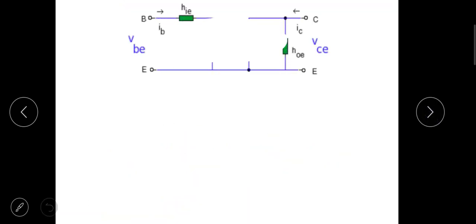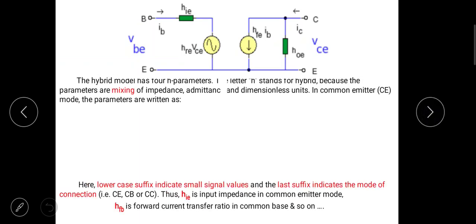Here we need this same circuit, so I have taken this circuit here also. Now come to its four parameters. As you know, these hybrid parameters are named hybrid because they are a mixing of various dimensions and various units.